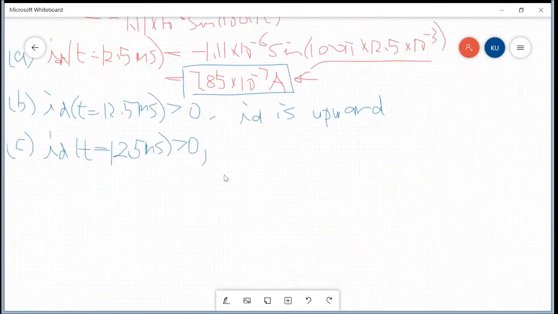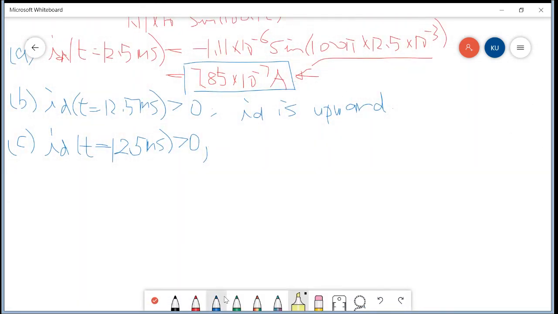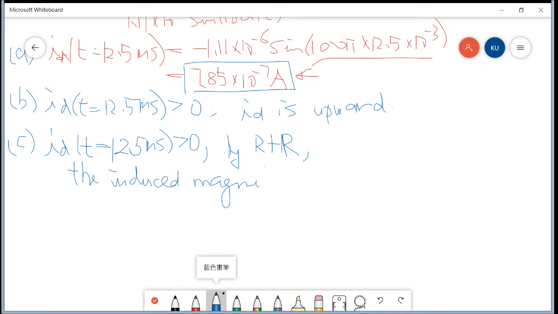So actually, by the right hand rule, the induced magnetic field is counterclockwise.